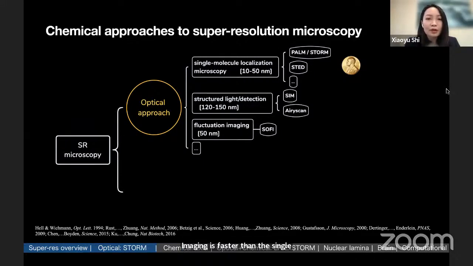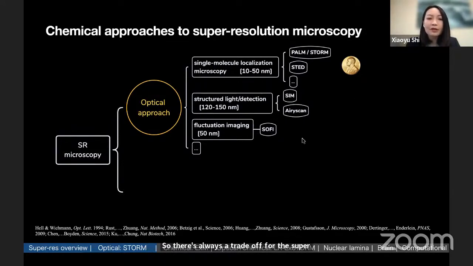For single molecule localization microscopy, for example STORM or PALM, you have to spend about 10 minutes to get a reconstructed super resolution image at a resolution of around 15 nanometers. So there is always a trade-off for super resolution.